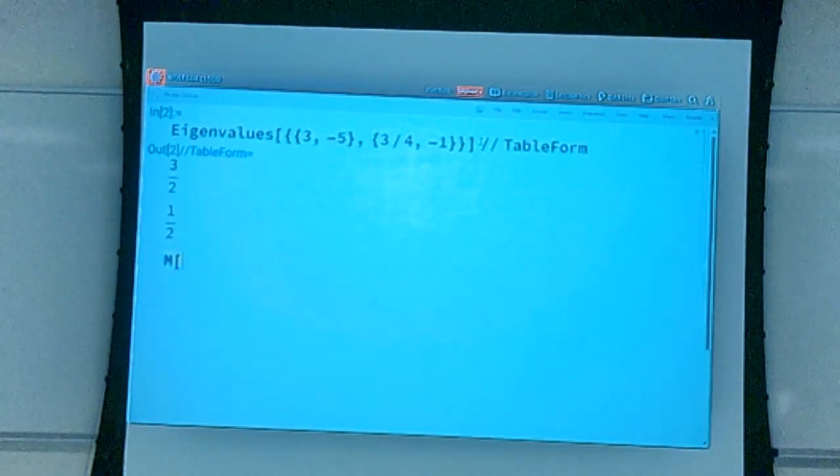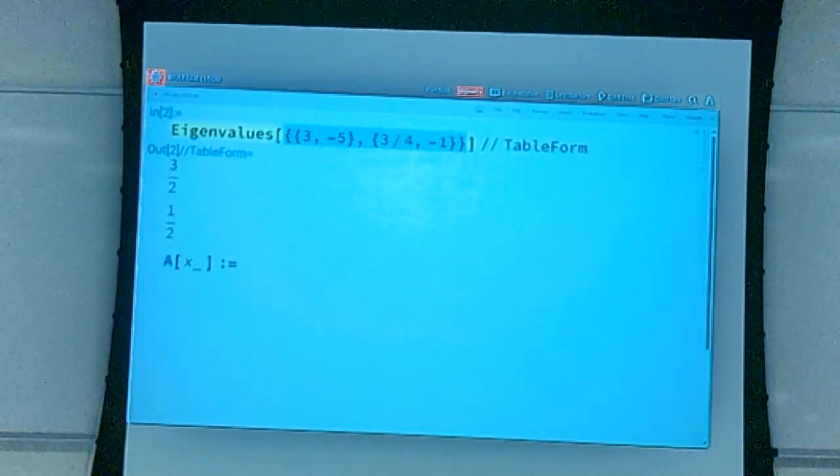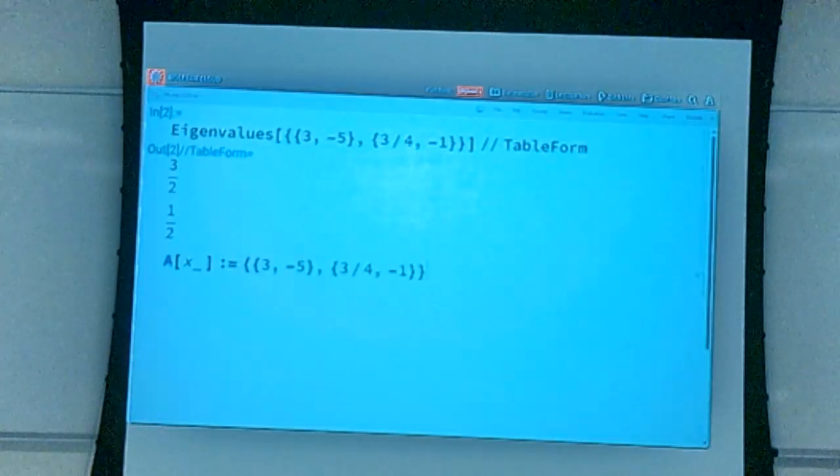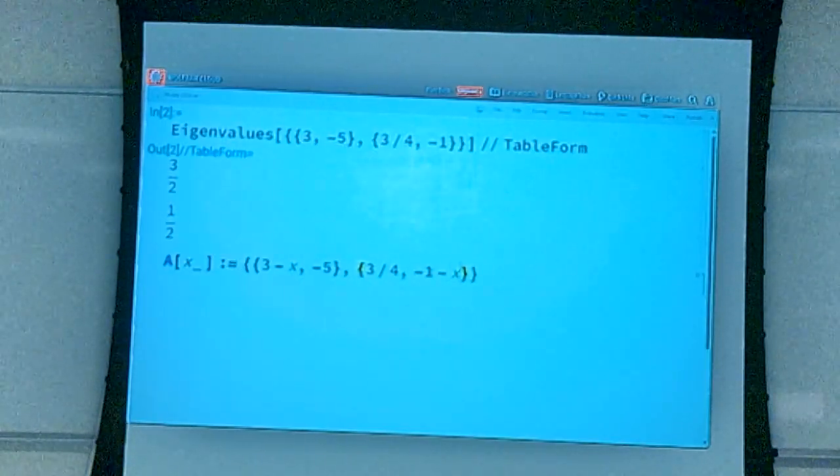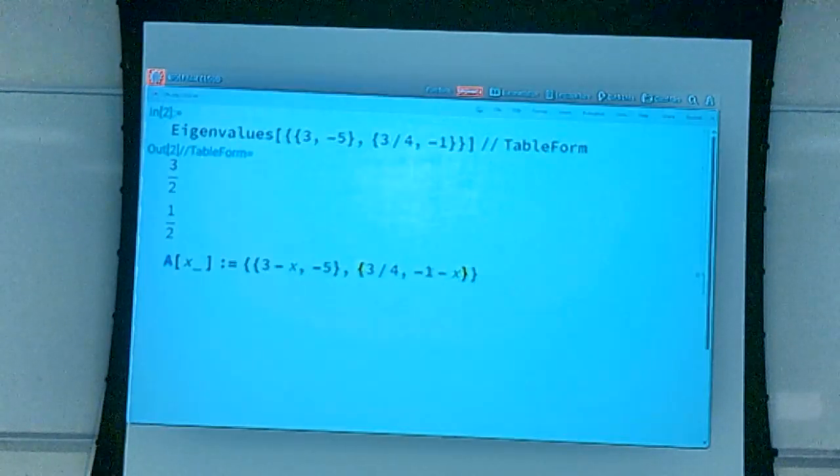That's right, we have to actually, unfortunately, find the eigenvectors first. I'm going to define A of x, A minus lambda I, or xi.